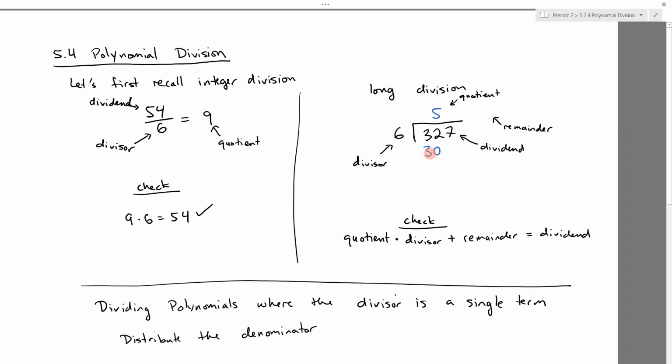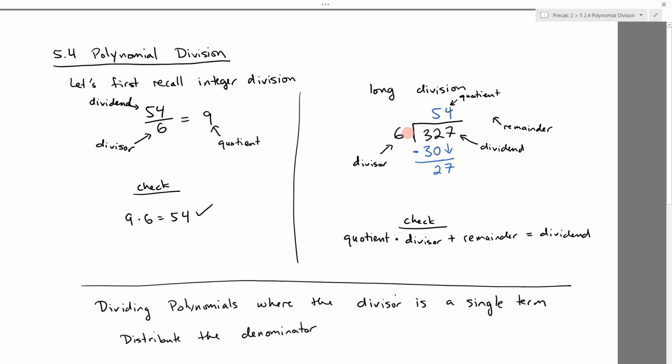And then we take that result and subtract. Okay, so we have to subtract 32 minus 30, which gives us 2. Then we bring down the 7. So the new number is 27. And then we repeat the process. Right, so how many times does 6 go into 27? Well, that's 4 times.